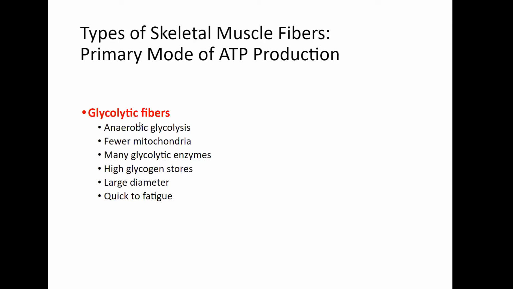And our glycolytic fibers are also going to be pretty large in diameter. Basically, one of the reasons for having a thin muscle fiber is so that you have a lot of surface area to volume, so that you can get a bunch of oxygen into the mitochondria.